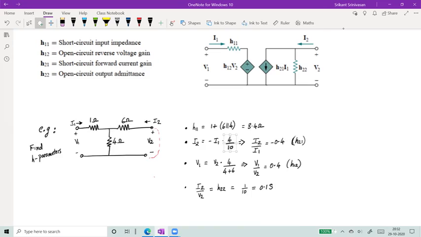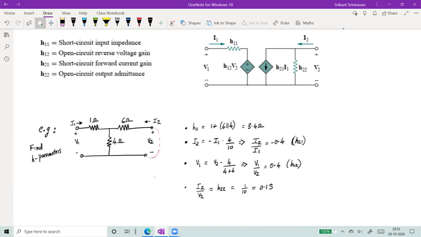Since I2 is in the opposite direction to I1, I2 is minus I1 into 4 by 10. That's the current flowing in this path. Therefore, I2 divided by I1 is equal to minus 0.4. So that is H21, the short circuit forward current gain.